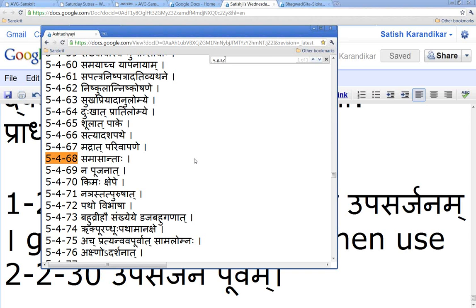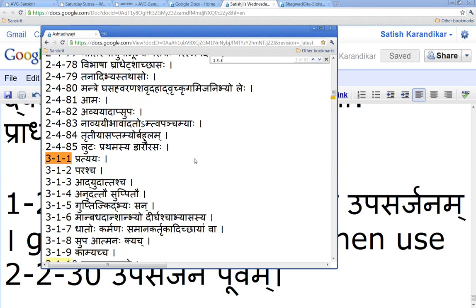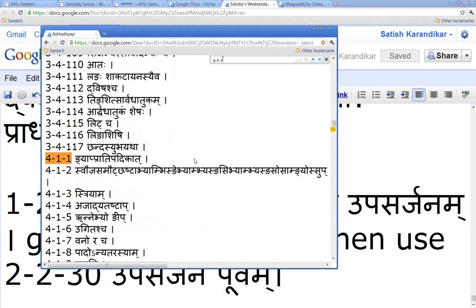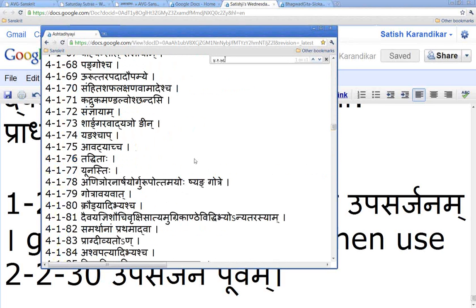Also the adhikara of Nyap Pratipadikat. So this adhikara of Samasantaha is within the adhikara of Pratyaya Parascha. It is also within the adhikara of Nyap Pratipadikat, so they can only come out of a Pratipadikam. And more specifically, within the adhikara of Taddhitaha. So Samasanta Pratyayas. These are Pratyayas now.